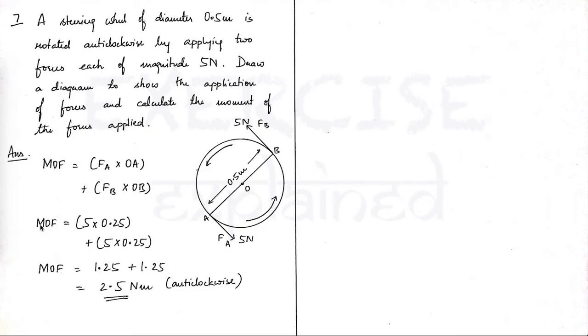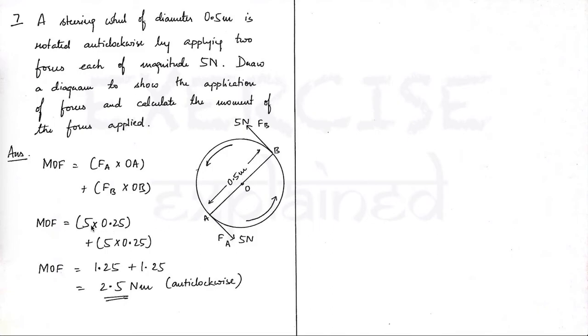So moment of force is going to be 5, that is the value of Fa, into OA, which will be half of AB, because OA is nothing but the radius. If AB is the diameter, OA is nothing but the radius. And radius will always be half of diameter. So 0.5 divided by 2 gives us 0.25.